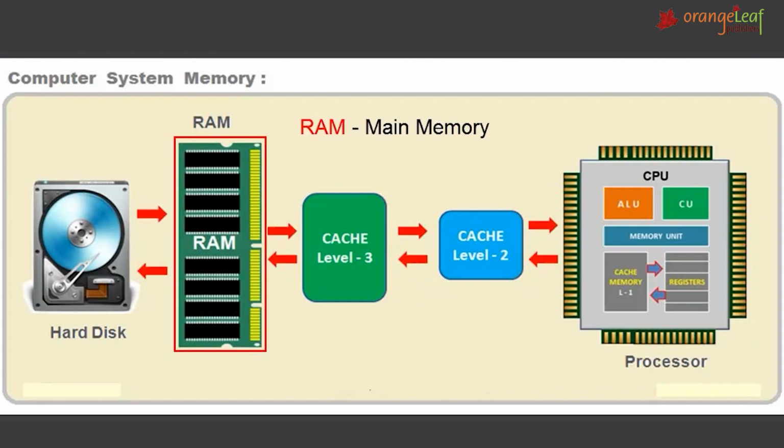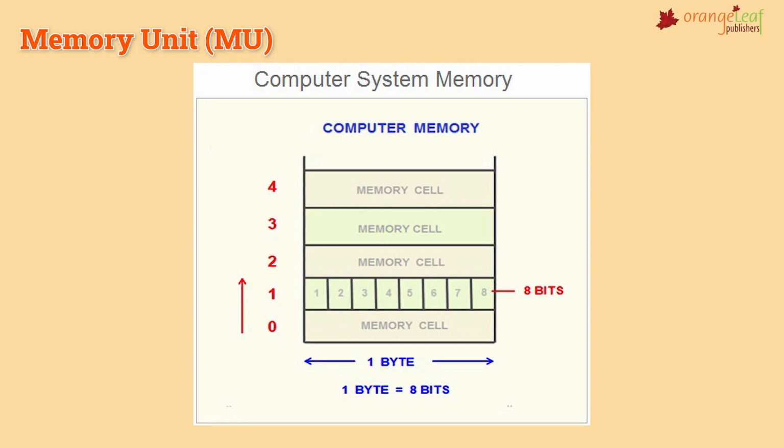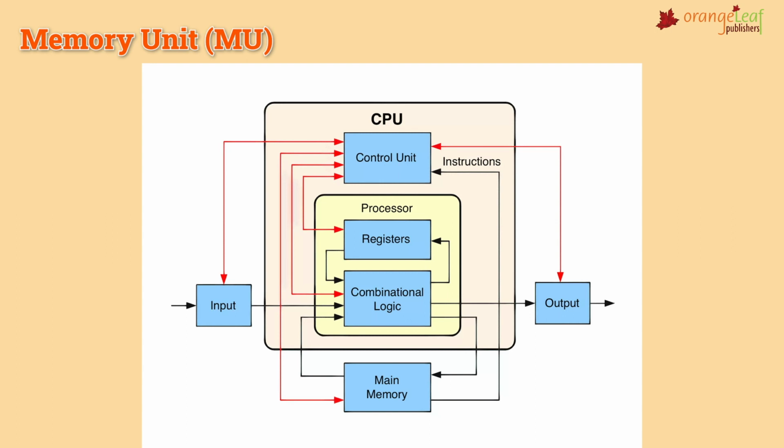This information is saved in the MU. A bit is the smallest unit of storage used in computers, while a byte is a collection of 8 bits. The data and the instructions are subsequently transmitted to the CU or ALU depending on the situation.